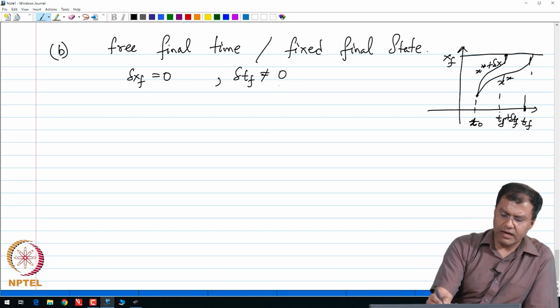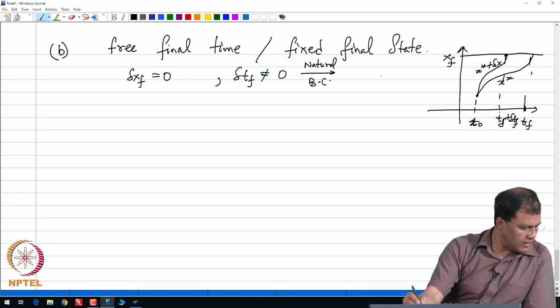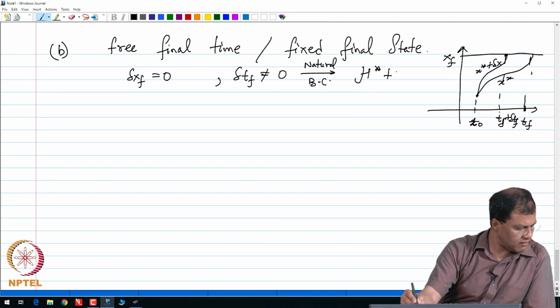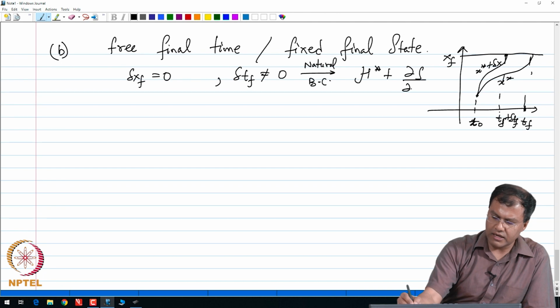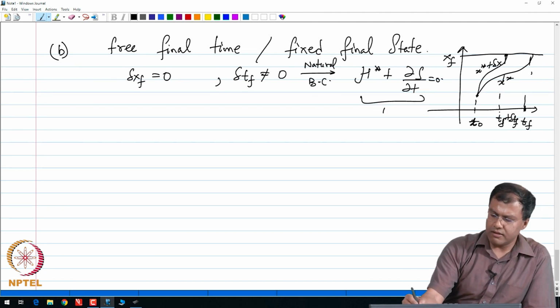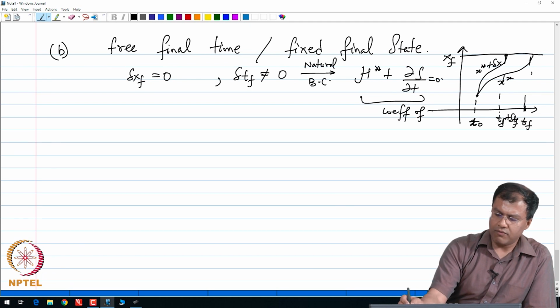In that case delta T f is not 0, which means our natural boundary condition kicks in and we get the following constraint to be 0. We have h star plus partial s partial t set equal to 0, which is the coefficient of delta T f.